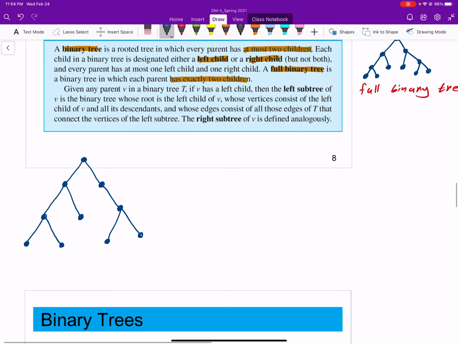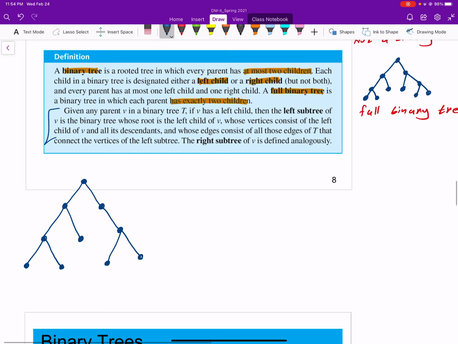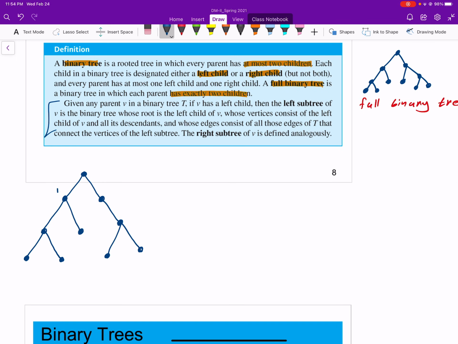Okay, let's consider this tree. Now I'm going to explain this block. Given any parent v in a binary tree, let's say this is v.